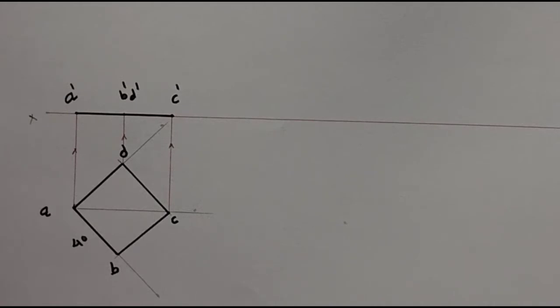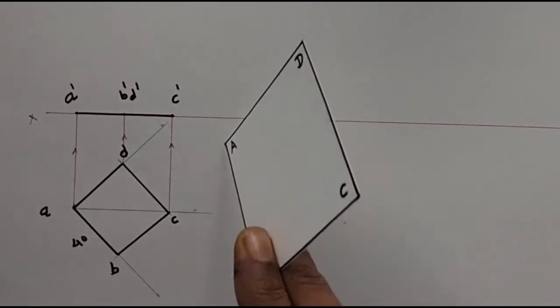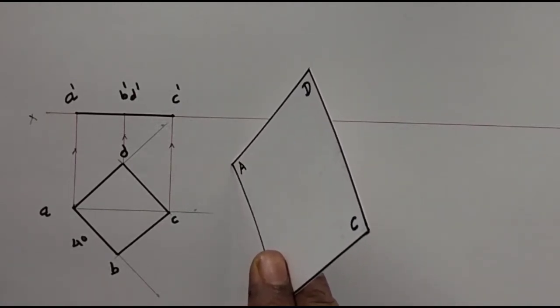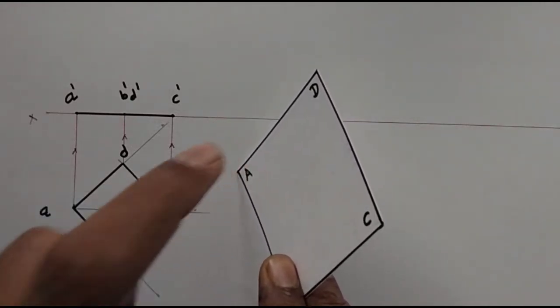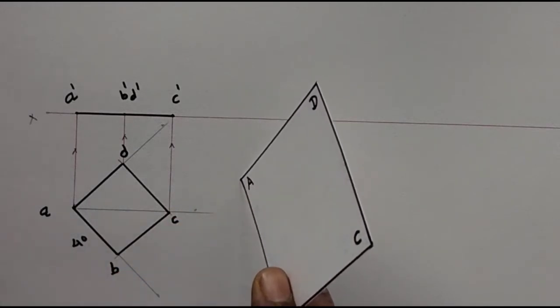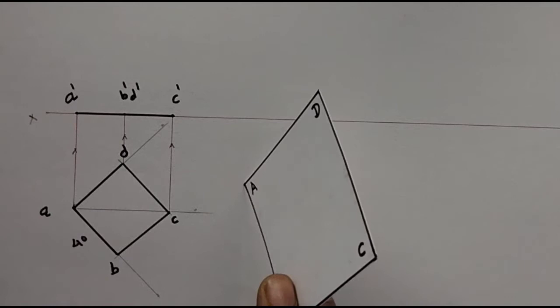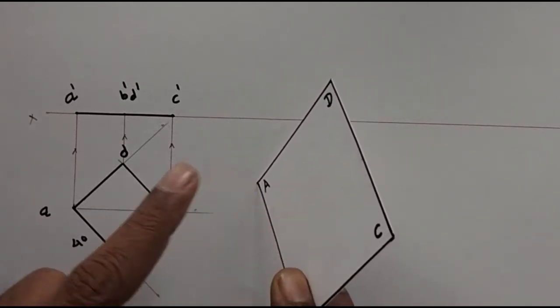Now the second stage of the problem says your plate is inclined to HP. The top view of the square plate becomes a rhombus with AC diagonal 30 mm.